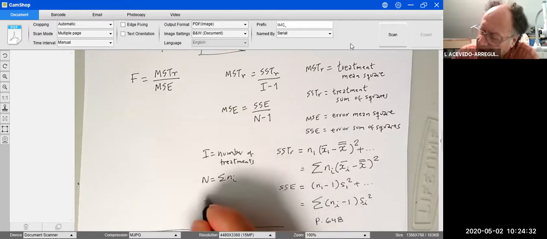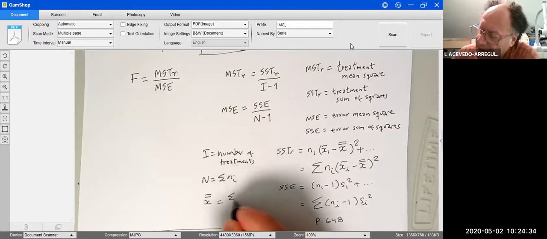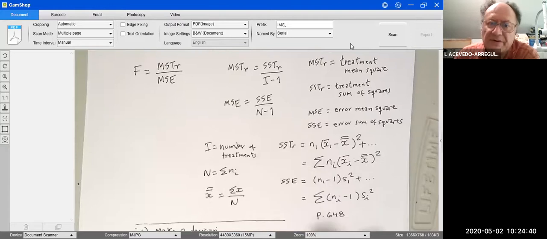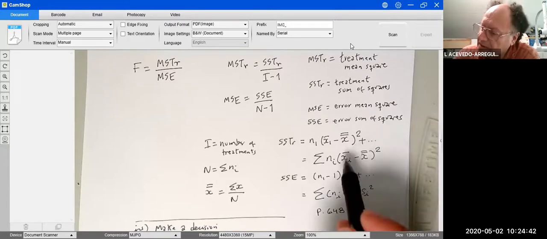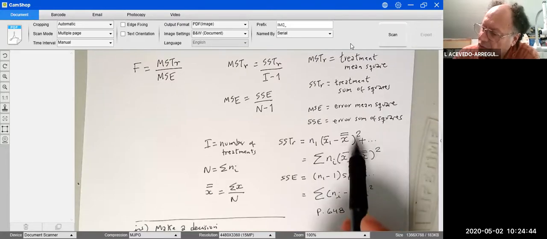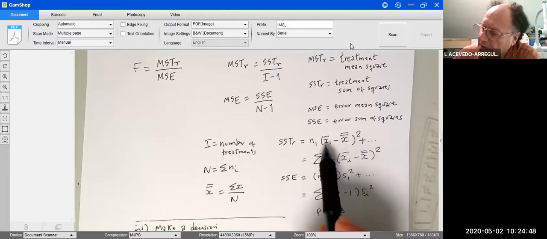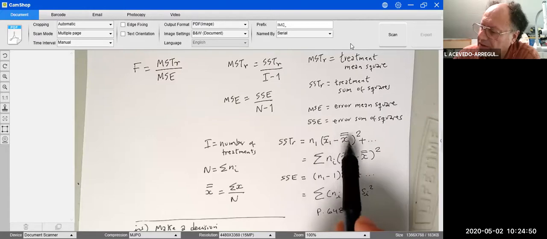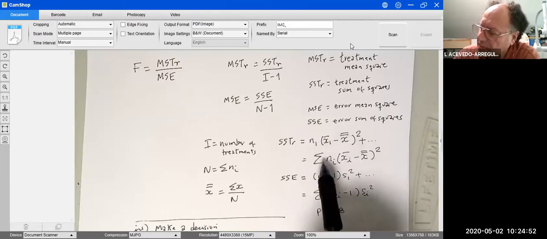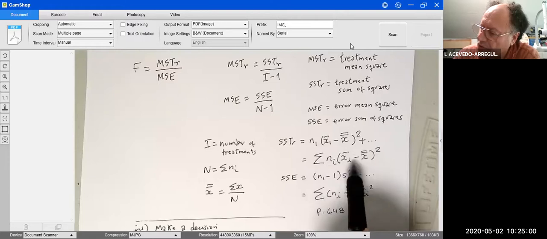The grand mean is just the sum of all the responses divided by the total number of responses. Then you square that difference, and then you add the same quantity for the second sample, the third sample, and so on. In an abbreviated way, you use capital sigma to indicate the sum of these products.